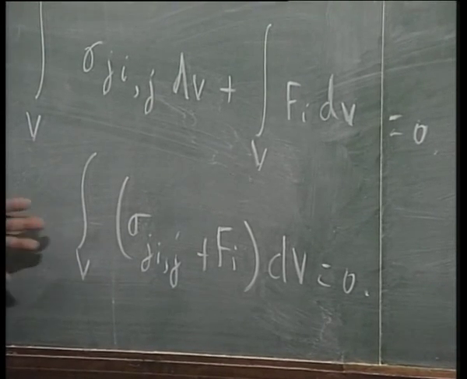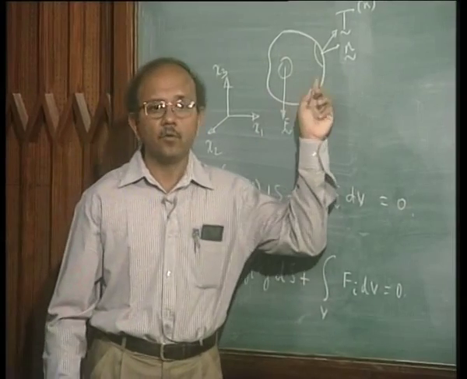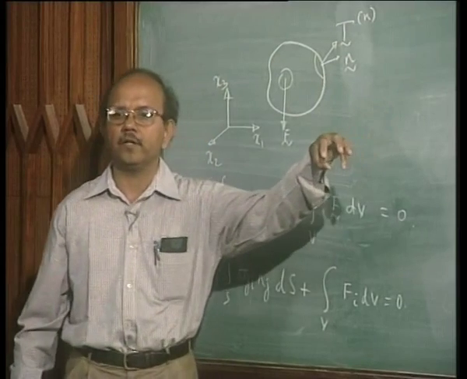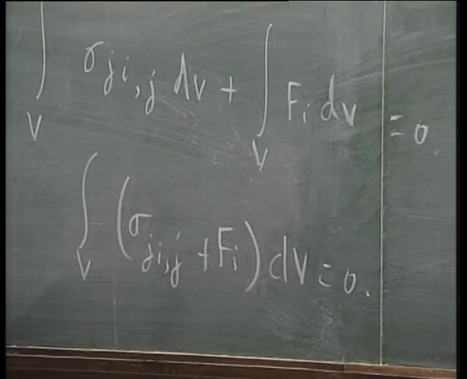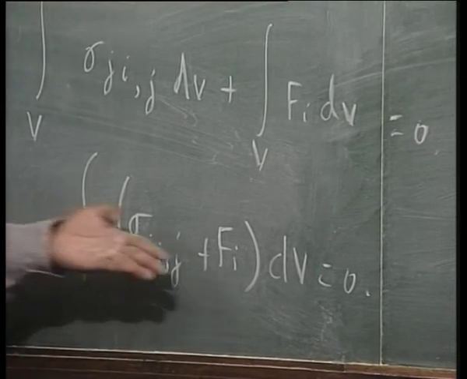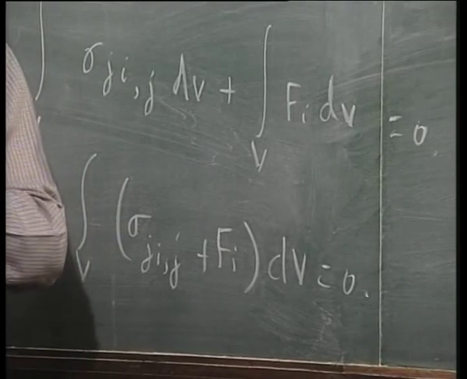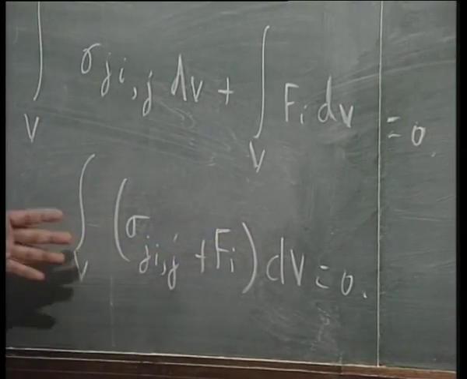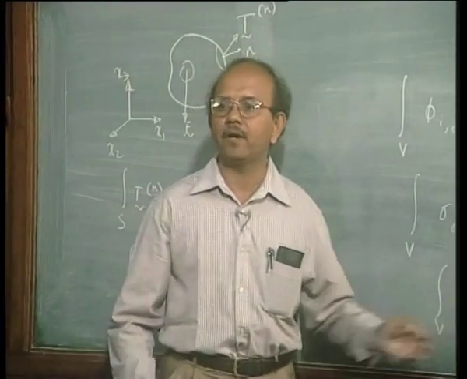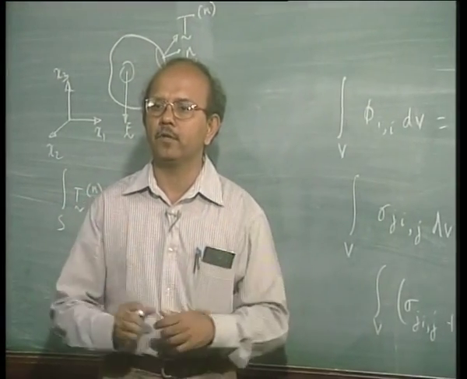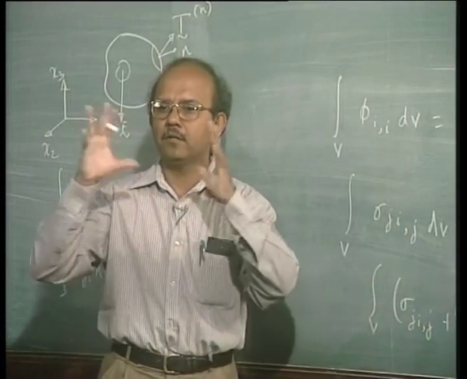Now, when I say the whole body is under equilibrium, if I take a small chunk from this body and apply this equation, it has to be under equilibrium. So in other words, this equation has to be valid for arbitrary volumes of the body. I take a small volume, I substitute in terms of traction forces, and this has to be valid. Or in other words, this has to be valid at every point of the body.